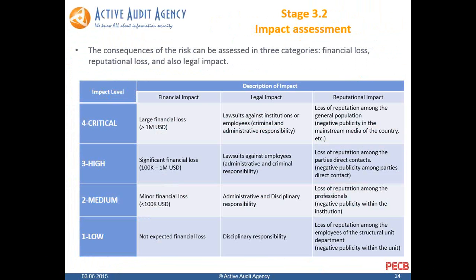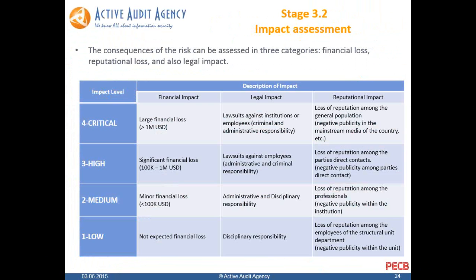Legal impact we can assess through the legal responsibility: criminal, administrative, or disciplinary responsibility. And reputational impact: critical, it's loss of reputation among the general population, negative publication in the mainstream media of the country.